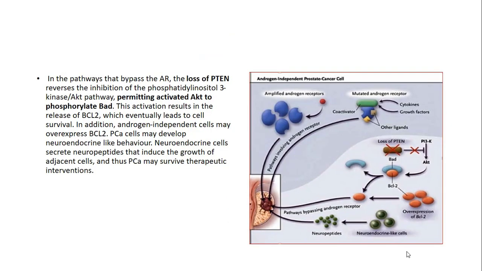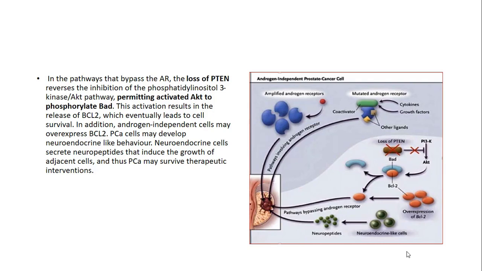In the pathway that bypasses the androgen receptor, the loss of PTEN reverses the inhibition of the AKT pathway, permitting activated AKT to phosphorylate BAD. This activation results in the release of BCL2, which eventually leads to cell survival.